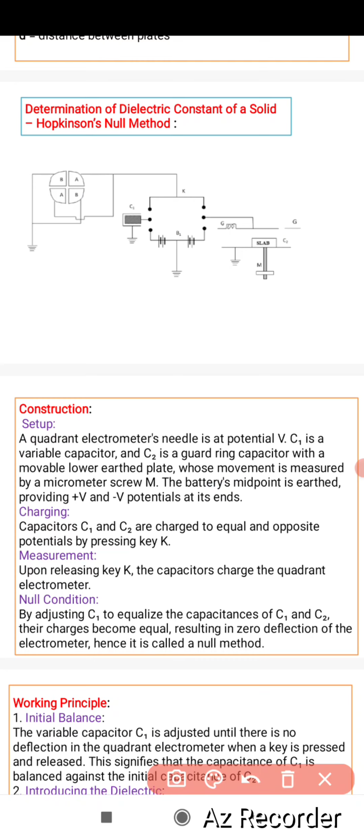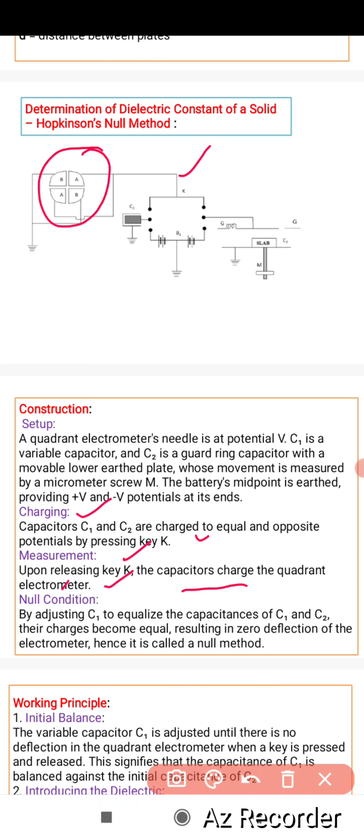Next, charging: capacitors C1 and C2 are charged to equal and opposite potentials by pressing the plug key K, and measurement is made by releasing the plug key K. The capacitors then charge the quadrant electrometer.